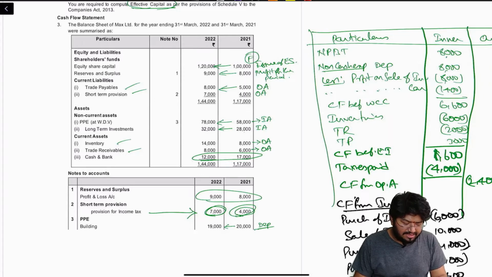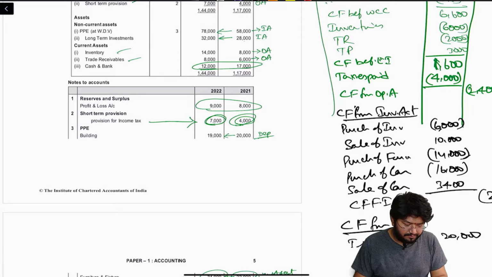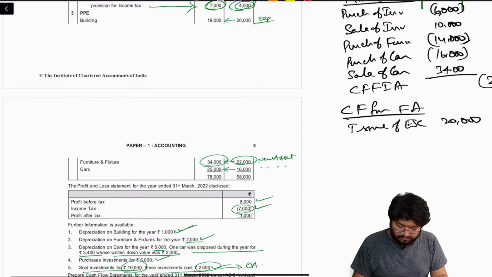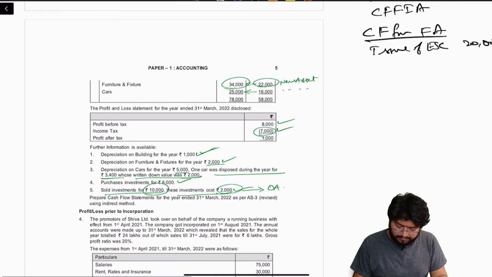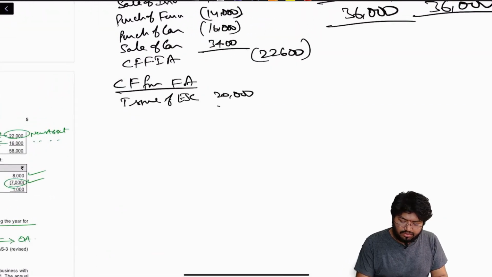Apart from that, what else has happened? Is there anything else which would impact here? No, sir. So this is only issue. So it is 20,000 positive here.